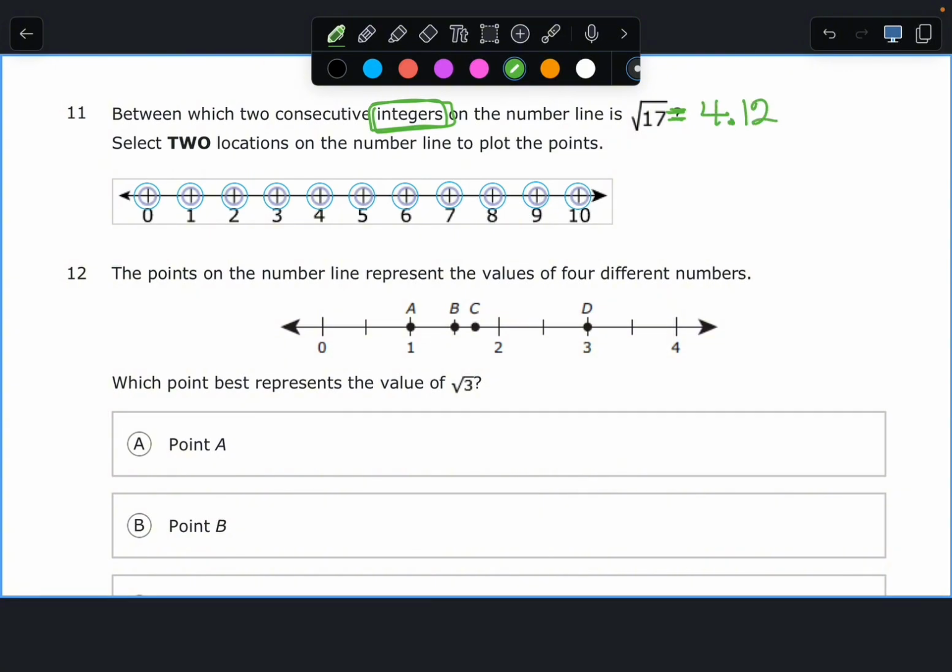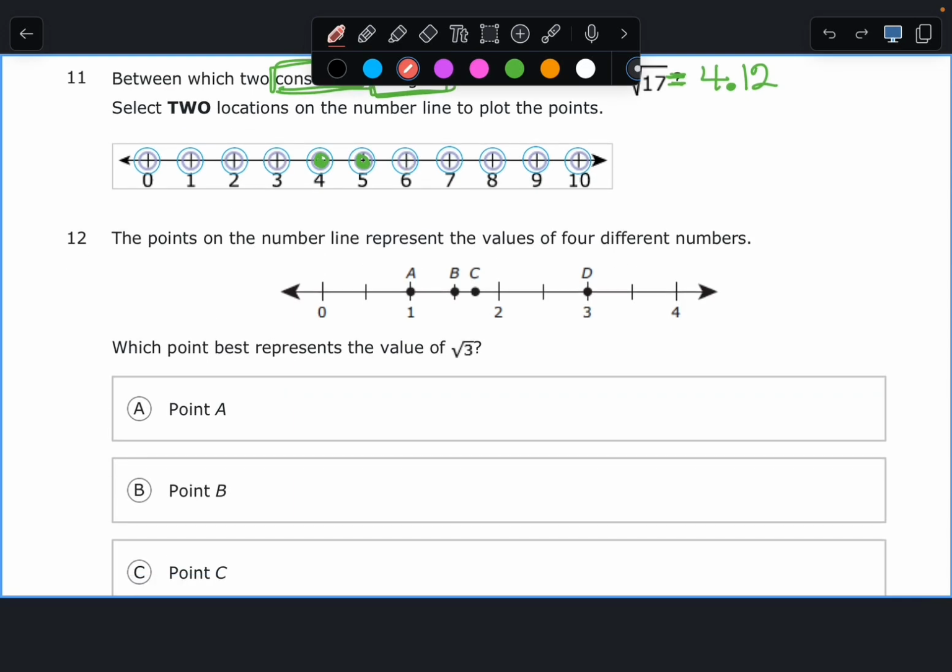So what two whole numbers is 4.12 in between? Between 4 and 5. When it says consecutive, it means back to back. A problem that I see students make with this type of problem is that I'll see students say, okay, it's in between 3 to 6. Yes, it's in between 3 to 6, but 3 and 6 are not numbers that are back to back. Got it? All right.